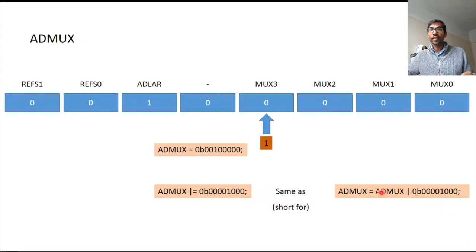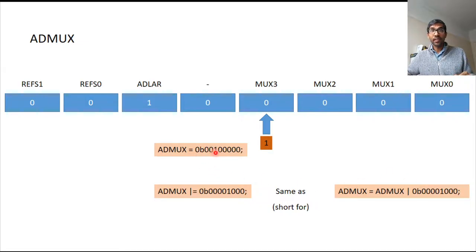What it does is it takes the value of ADMUX, which we have already set to this value, and it takes each bit of that and ORs it with this number. So the result would be 0 or 0, which is 0, then again 0 or 0, which is 0, again 0 or 0. But when it comes to the fourth bit here, it's going to do 1 or 0, which is already there in ADMUX, and the result is going to be 1.